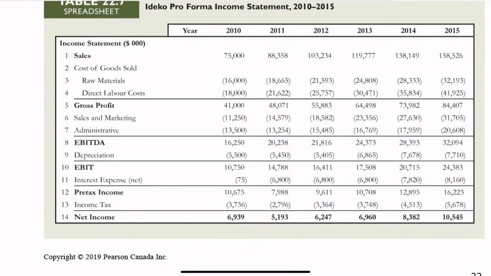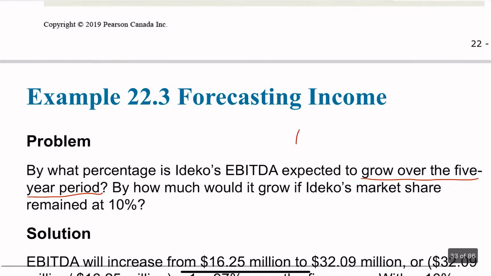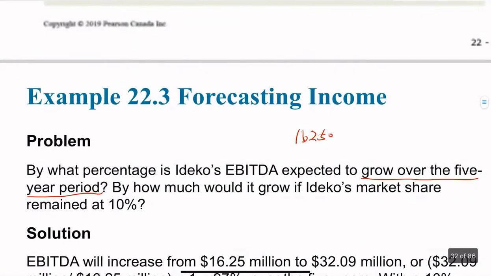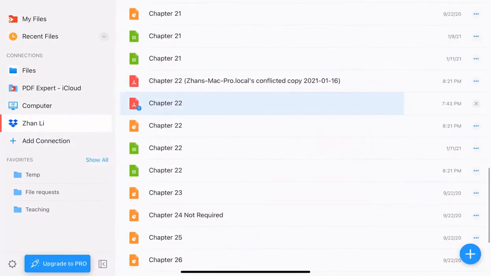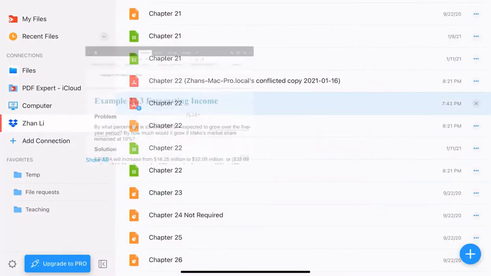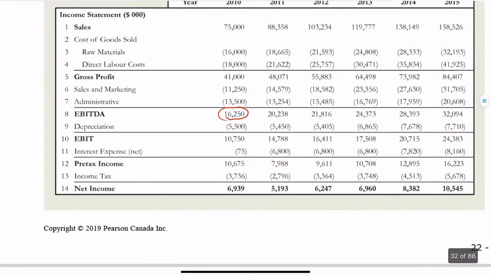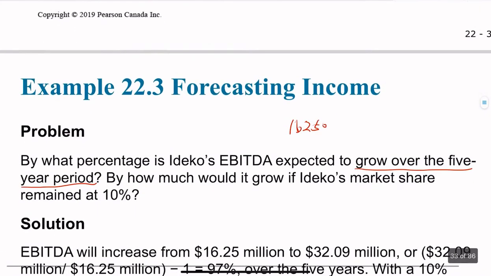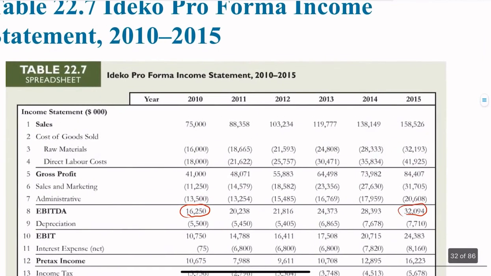So you can see that in the beginning, the number was 16250. And then the number increases to 32904.